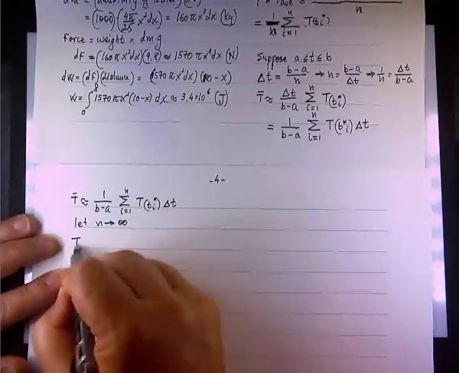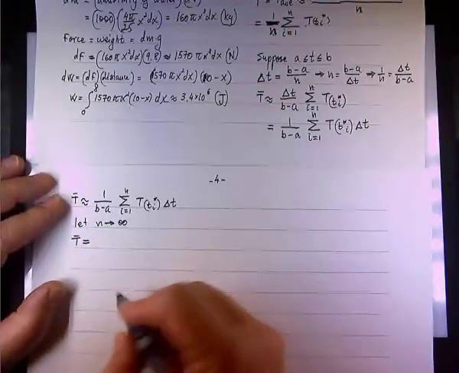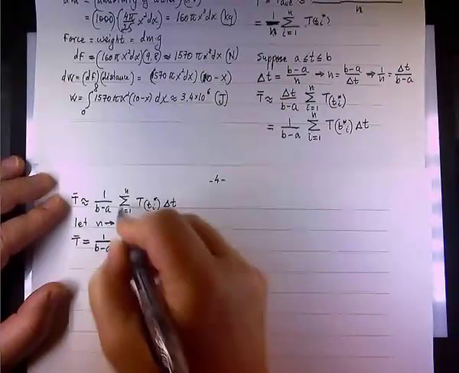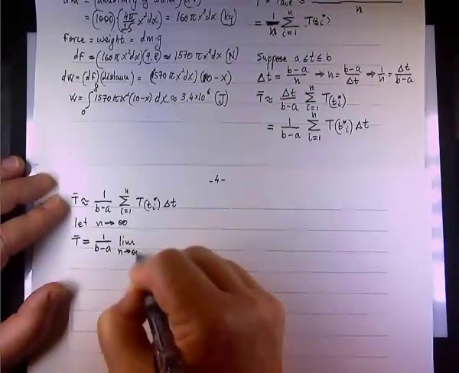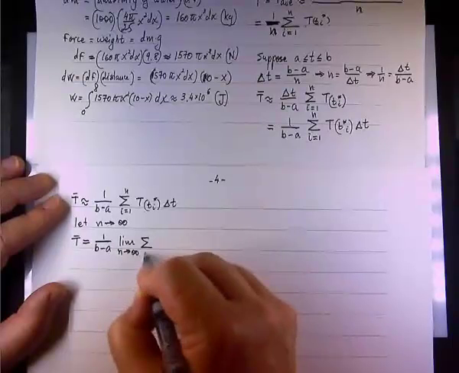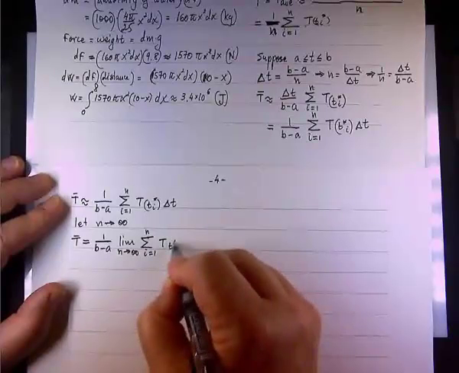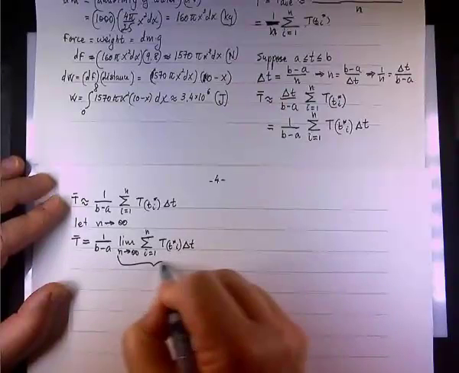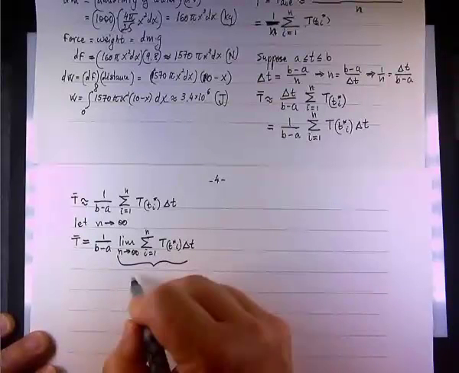And now, if we let n approach infinity, instead of an approximation, we have an exact value, which will be 1 over b minus a, because this is a constant and has nothing to do with the limit, times the limit as n approaches infinity of sigma i goes from 1 to n of t star sub i delta t.